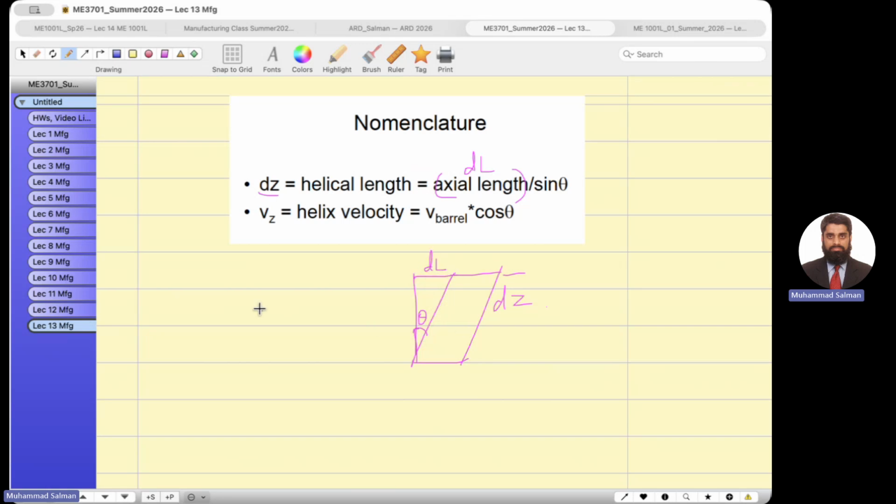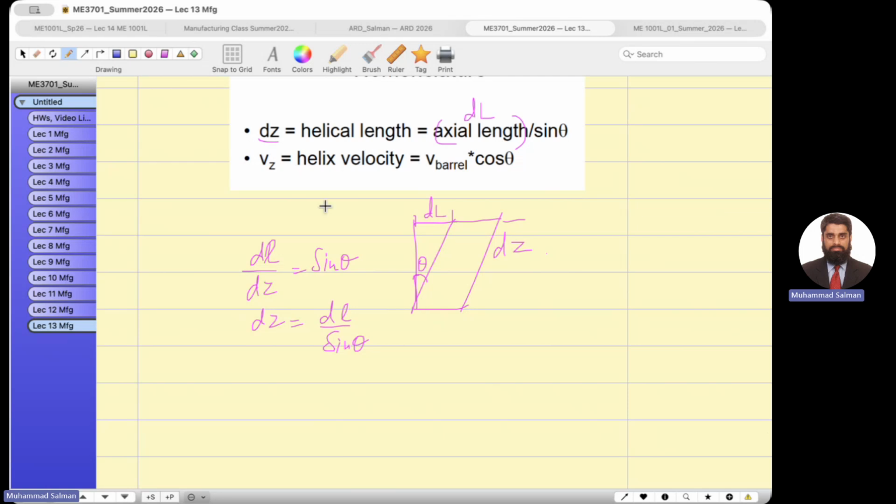So DL over DZ would be equal to sine theta, and DL is the axial length, along the axis. So DZ would be equal to DL over sine theta. Okay, now I want to show you, after you understand this part, the helix velocity.